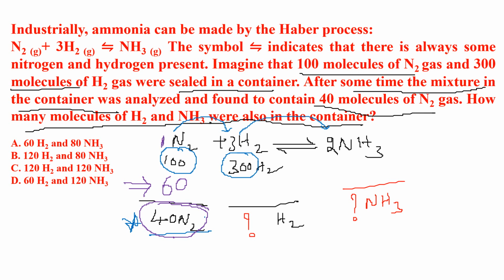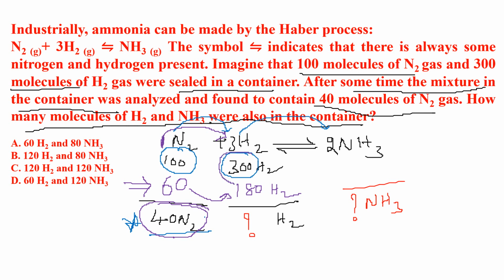Generally it is a 1:3 ratio, because 1 mole requires 3 moles. Here 60 moles require how many? 180. Why? 6 threes are 18, so 180 molecules. Indirectly, 180 molecules of H2 have reacted.